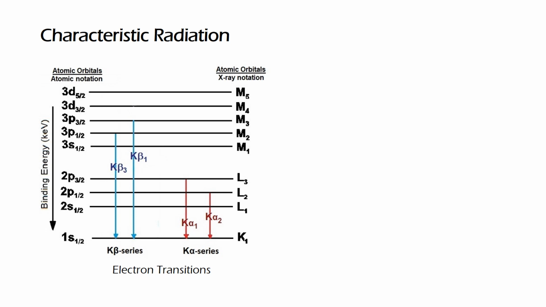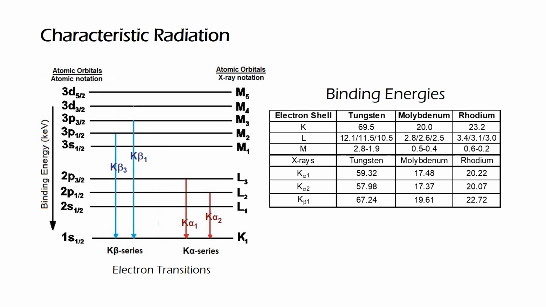Next, let us look at the values of the binding energies of different orbitals to determine the resultant magnitude of the characteristic radiation produced by electron transitions. This table shows the approximate binding energy values in kilo-electron volts of 3 commonly used target elements for their 3 innermost shells, that is, K, L and M, and their corresponding orbitals. The value of the binding energy is dependent on the atomic number of the target element.